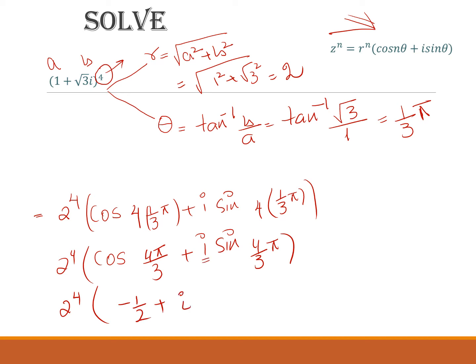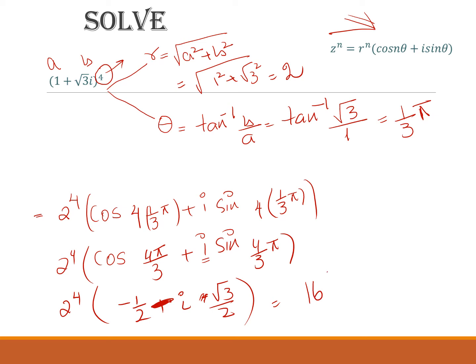Now find sin of 4π/3, which will give you negative √3/2. We don't write the negative here; this negative we will write over here. Now 2 to the power 4 will give you 16.